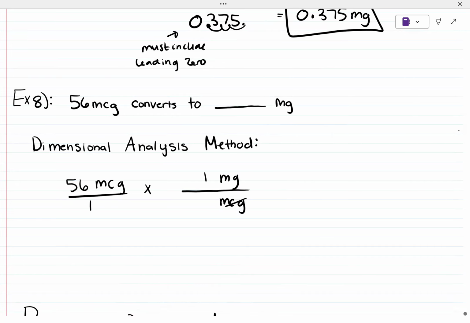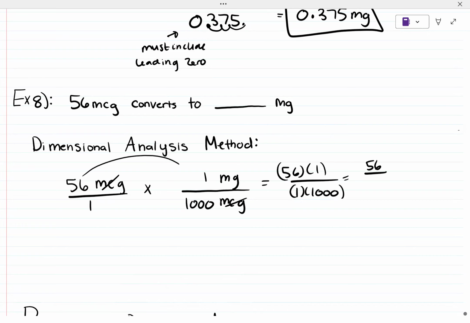We know that for 1 mg, there's 1,000 mcg. The mcg cancels, and then multiply across, so 56 times 1 over 1 times 1,000. 56 times 1 is 56, and then 1 times 1,000, and you get 0.056, and you must include the leading zero.